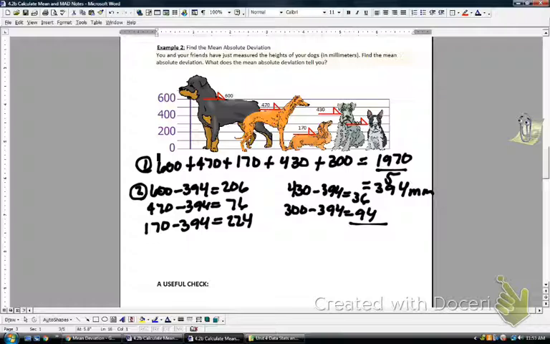So we're going to add all of those up. 206 plus 76 plus 224 plus 36 plus 94. You should get 636 divided by 5, and that comes out to be 127.2. So what that means is the dogs' heights on average are off by 127.2. I wrote that down wrong. Let me erase that.